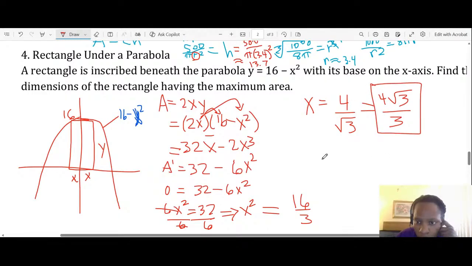That's x, and y is equal to 16 minus x squared.